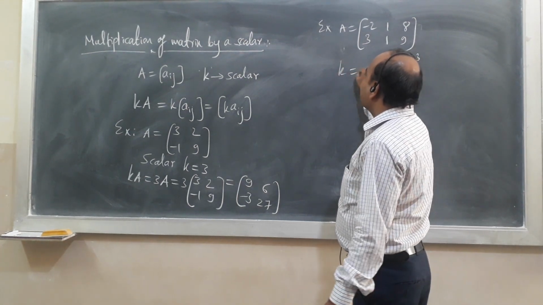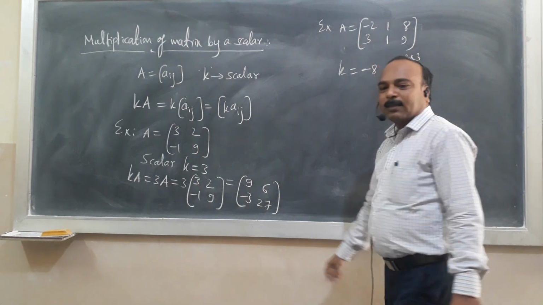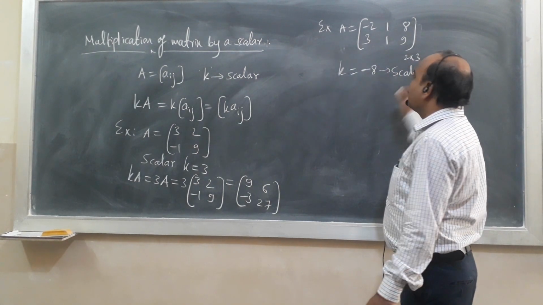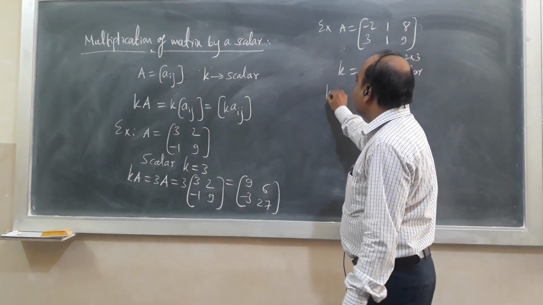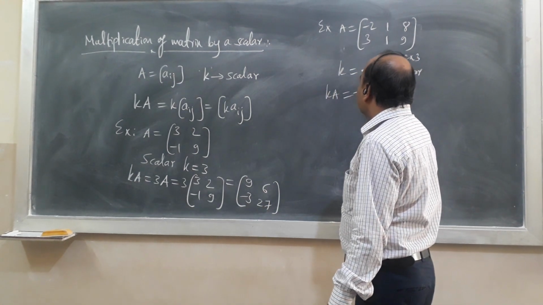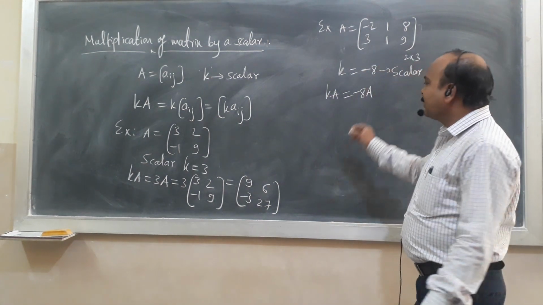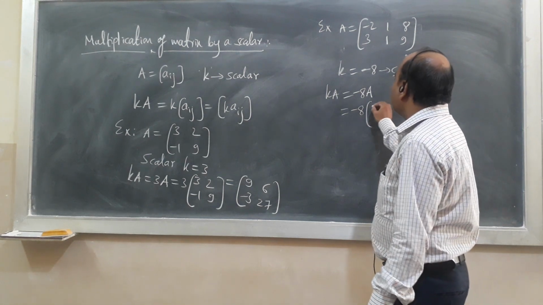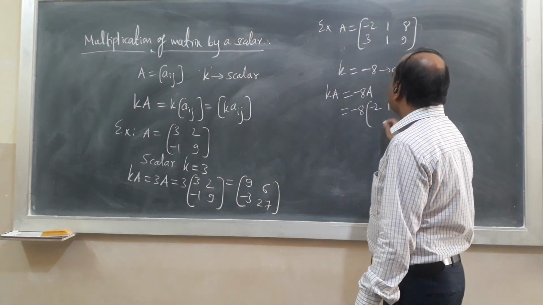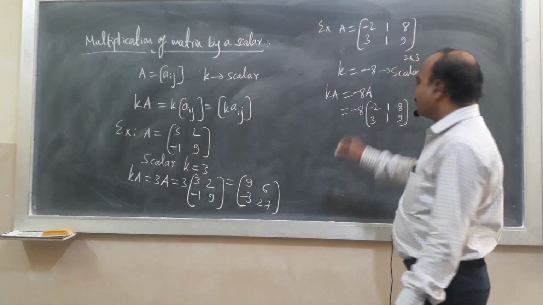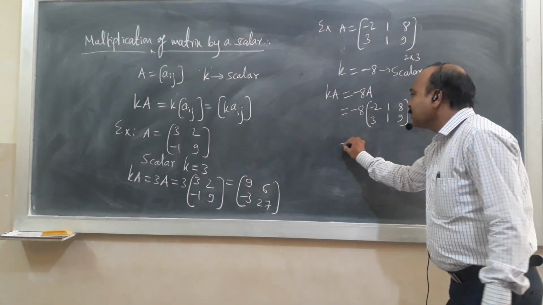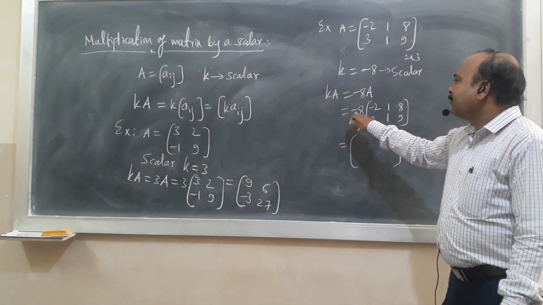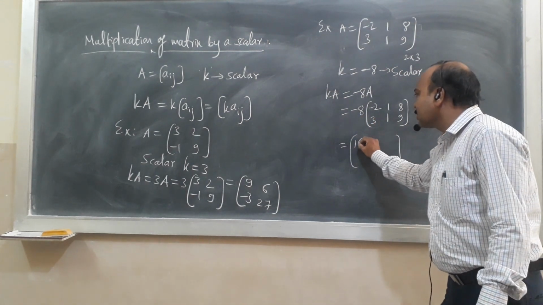Now if we consider k as minus 8, that is a scalar, then kA is minus 8 into A. Minus 8 is multiplied with every element of matrix A. Minus 8 into minus 2, 16.